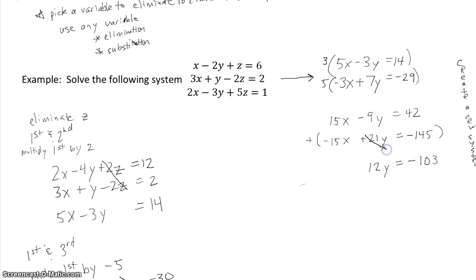This should not be 21 because I'm multiplying it by 5. This should be 35. And hopefully that deals with the issue. So 35 plus that would be 24.